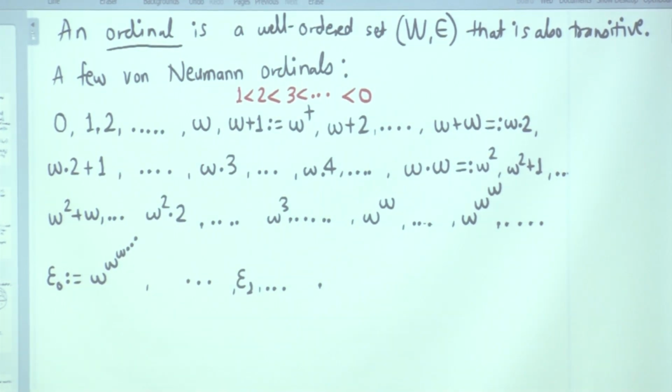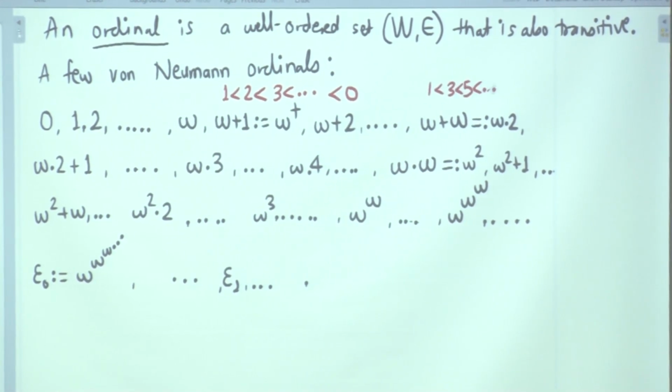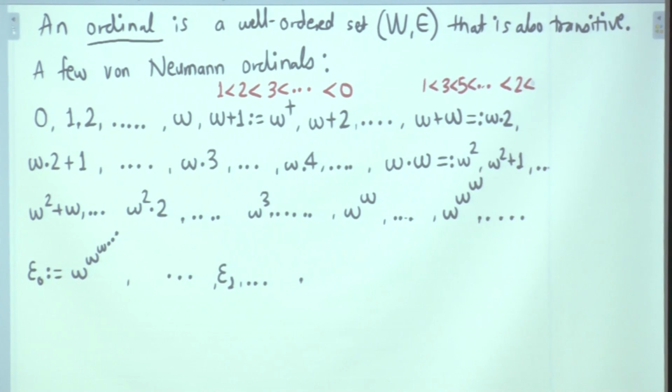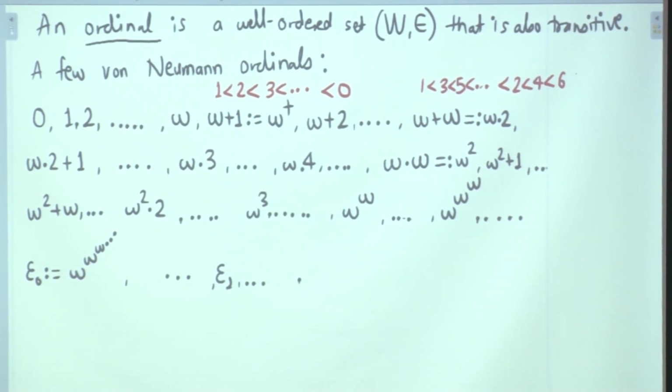If I want to talk about omega plus omega, then I am talking about 1 less than 3 less than 5 less than dot dot dot, and all even numbers are sitting at the top of them. So I am just making different arrangements of natural numbers. You understand that?